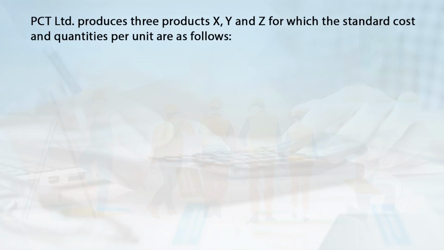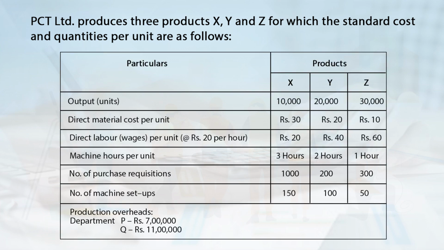Illustration: PCT Limited produces 3 products X, Y and Z for which the standard cost and quantities per unit are as follows. Output in units given: for product X 10,000, for Y 20,000, for Z 30,000. Direct material cost per unit: for X rupees 30, for Y rupees 20, for Z rupees 10.